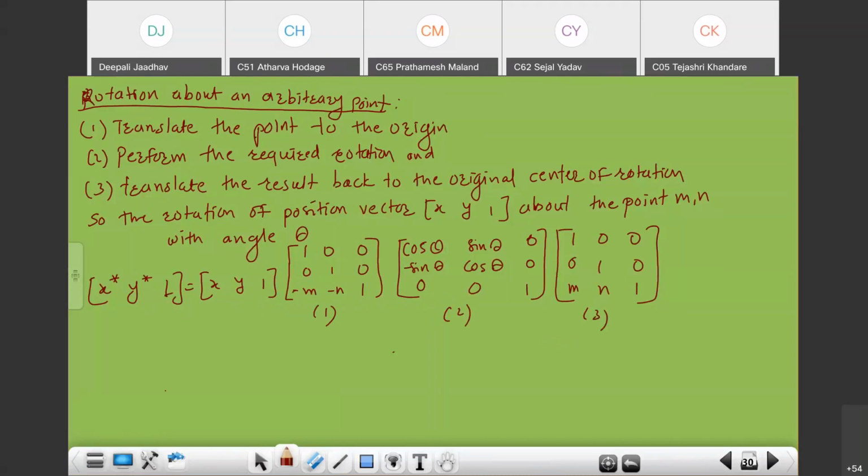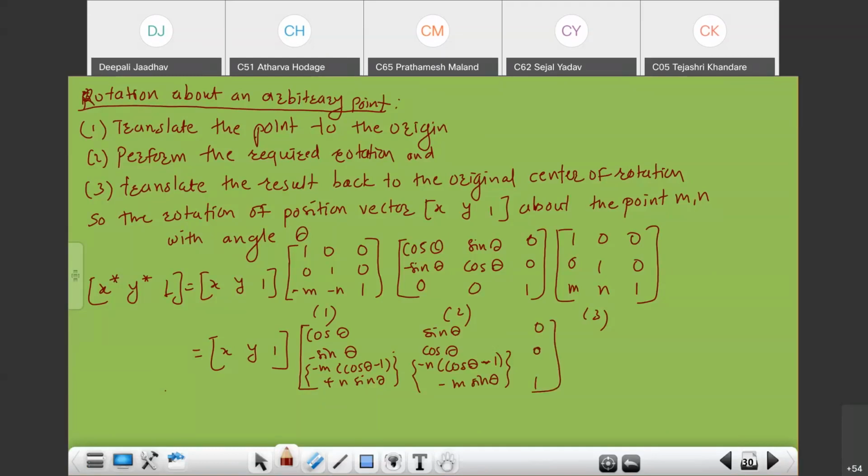Now we try to simplify it. The position vector may be anything: line, triangle, rectangle, square, etc. After multiplication of all these matrices, we get cos theta, sin theta, minus sin theta, cos theta, with the last row being minus M cos theta minus 1 plus N sin theta, and minus N cos theta minus 1 minus M sin theta.